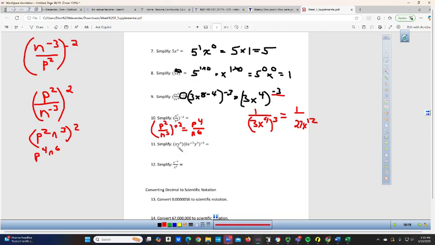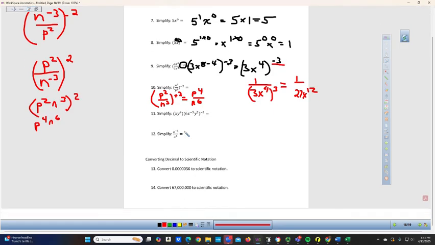All right, so question 11 is just going to use my product rule, right? So I have basically x times y to the 4th times parentheses 6x to the -cube y squared to the -3, right? And so this time I'm going to just use my negative exponent rule instead of reciprocating this, because then it'll give me fractions.